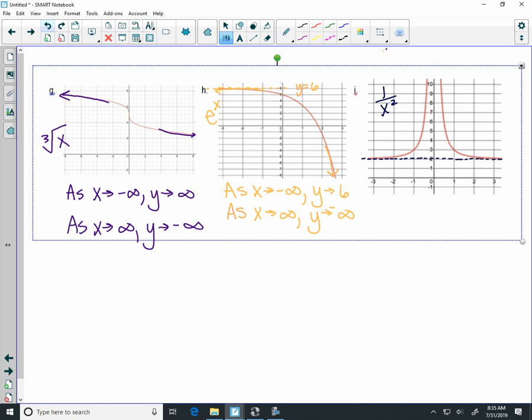So here we have this horizontal asymptote at 2. So as x approaches negative infinity, we're flattening out to 2. And as x approaches positive infinity, we're flattening out to 2. Awesome.